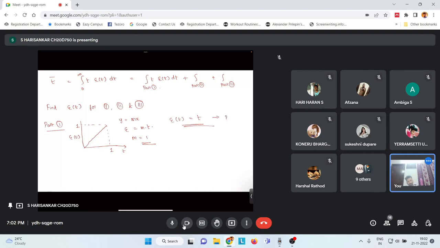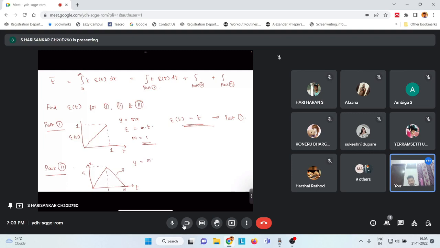Now similarly, we can do the same for part 2. In part 2, this is from 1 to 2, and the x-axis is T and the y-axis is E, which goes from 0 to 1. So this equation can also be represented as y equal to mx plus c.